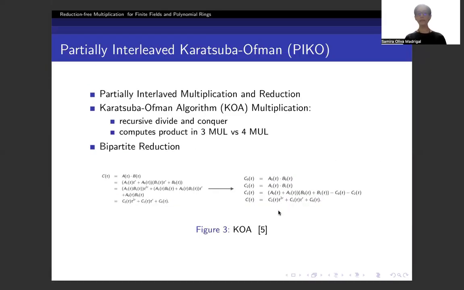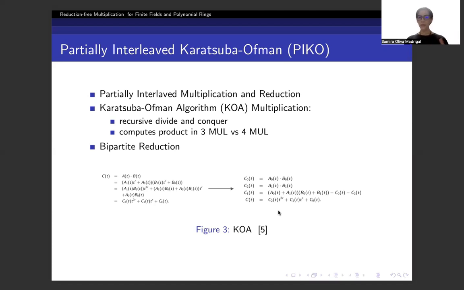Now, in 2015, Dr. Soldamli introduced a partially interleaved Karatsuba-Ofman algorithm modular multiplier. And this is a partially interleaved multiplier that combines Karatsuba-Ofman multiplication with bipartite reduction, and only the first layer of Karatsuba-Ofman, everything in a sequential fashion.